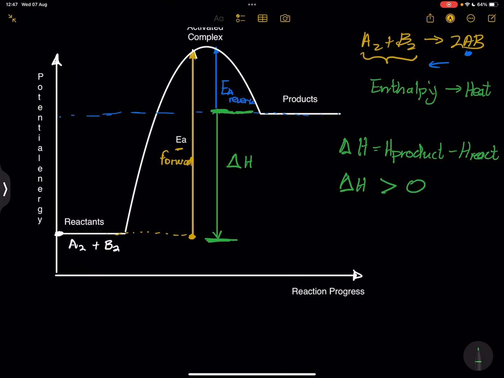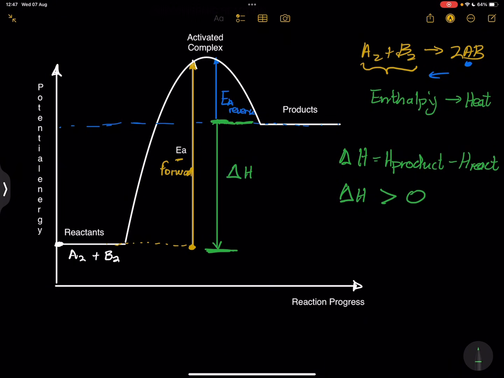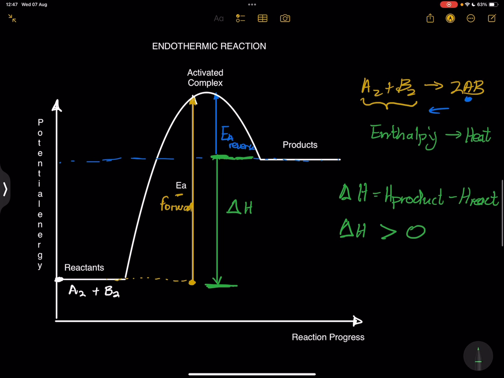Guys, it would be very important for you to know what is happening on this graph. Okay, right. Now, let me give you just a heads up, right? So when you look at the energy profile, you must be able to tell whether it is an endothermic reaction or an exothermic reaction. As I said to you, if the potential energy of the products is greater than the potential energy of the reactants, then in that case, it would be an endothermic reaction.